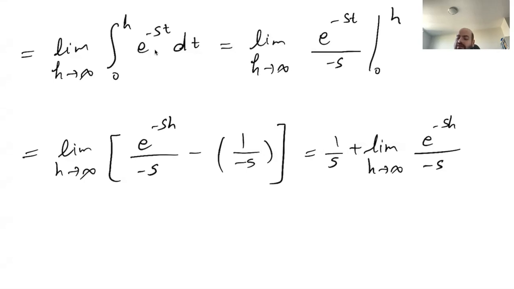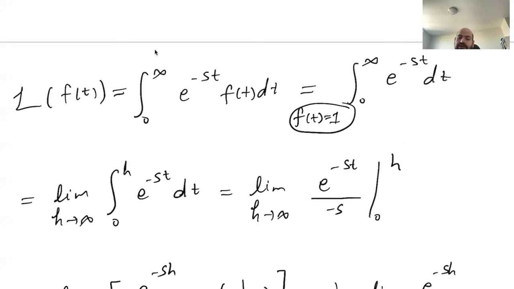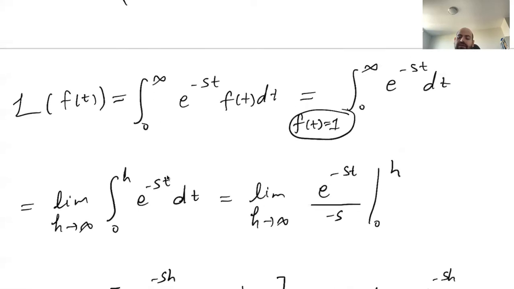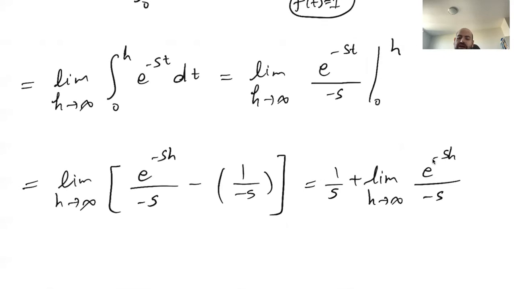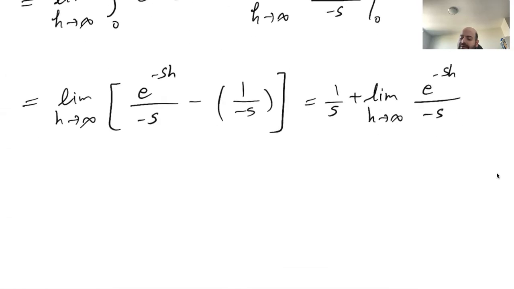So we can deal with the case of s equals 0 that way. And if s is negative, minus s becomes positive, and then I will have e to power infinity here, which is also going to infinity. So in that case, I will have a divergent integral as well. So the answer depends on the value of s.